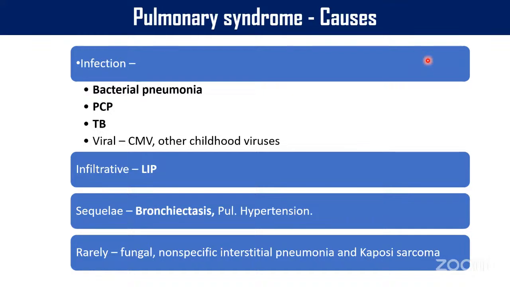So the infections which are common with pulmonary syndrome are bacterial pneumonia, PCP pneumonia, tuberculosis, and some viral agents like CMV and other childhood viruses, like now we have RSV, H1N1, all those things. Infiltrative disorders like LIP, sequelae of previous illness like bronchiectasis, pulmonary hypertension, rarely fungal, non-specific interstitial pneumonias, and some sarcomas.